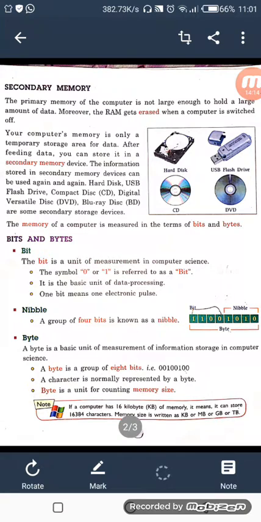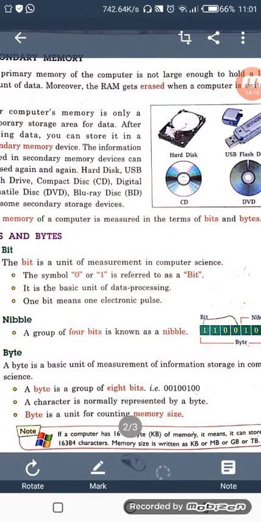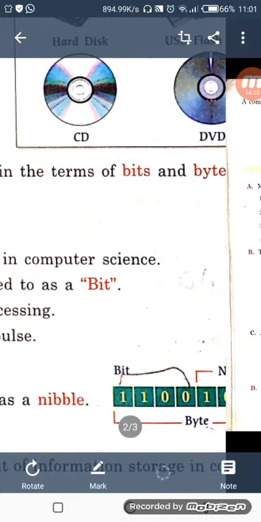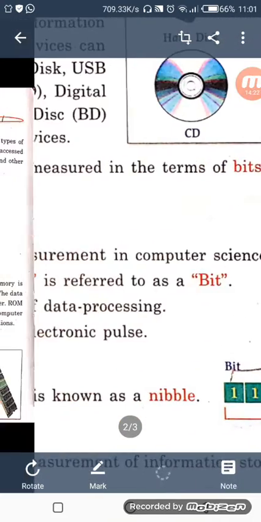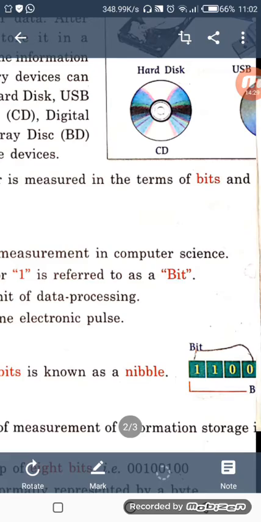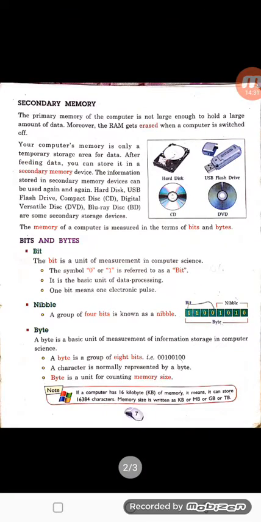Okay, next is the nibble. A group of 4 bits, like this. A group of 4 only, like 0101. A group of 4 bits is known as a nibble.